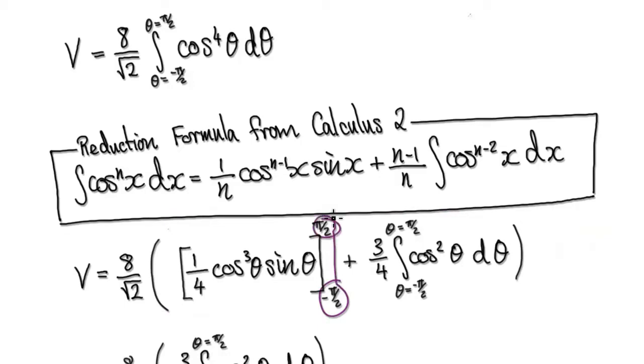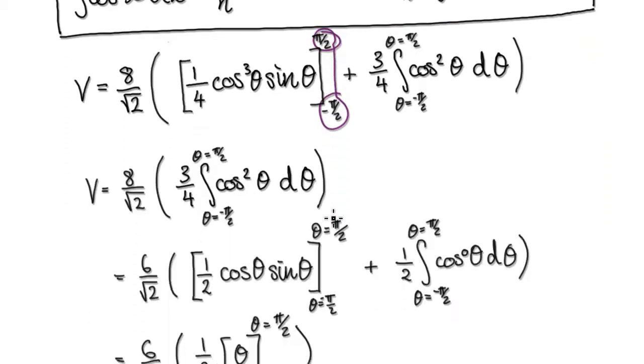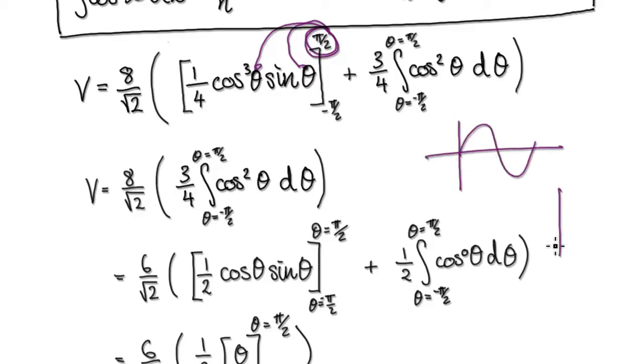So hang on. When you put this into here and put this into here, what is sine, what is cos? Pi over 2 is 0. So cos here would be 0.